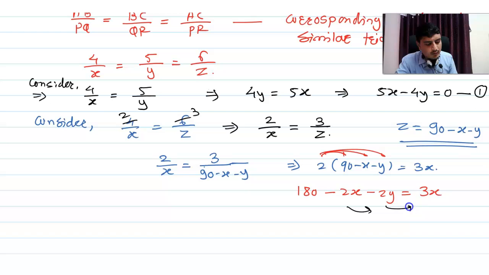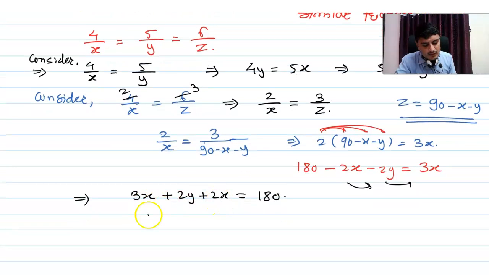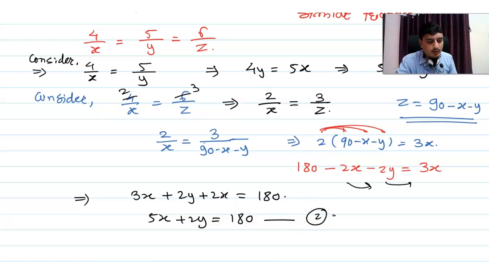Shift minus 2x and minus 2y from LHS to RHS, so in the general form of a linear equation in two variables, we get 3x plus 2y plus 2x equals 180. Now 3x plus 2x is 5x, plus 2y equals 180, called equation number 2.